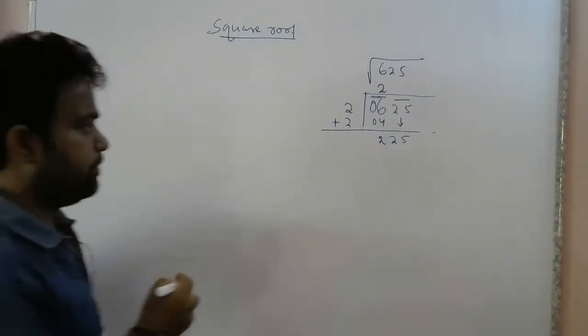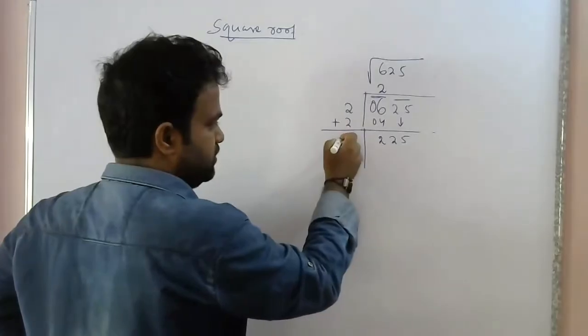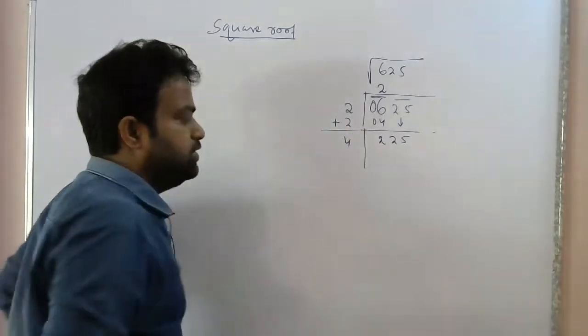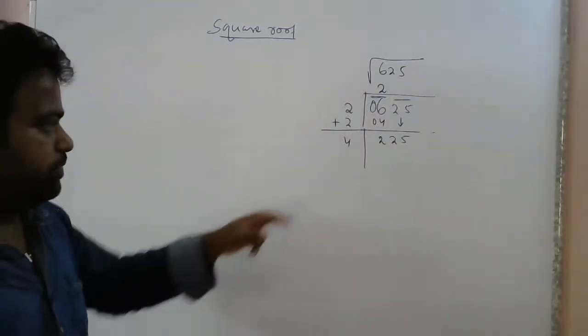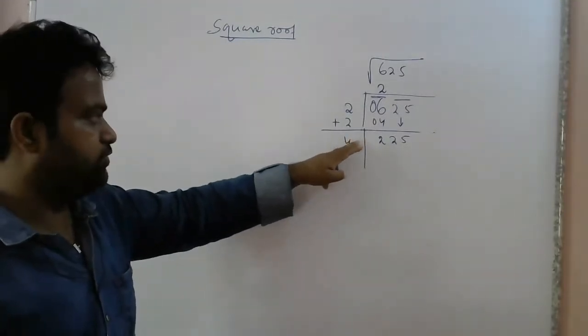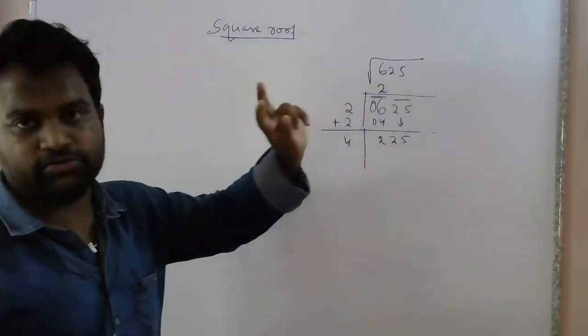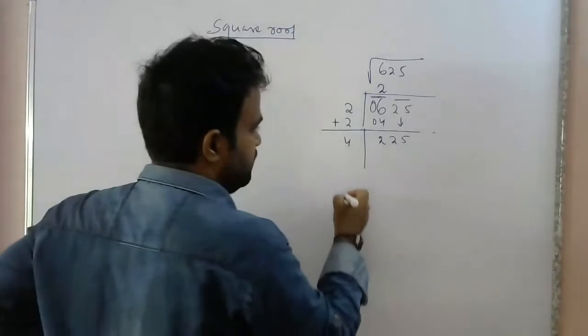Now, what will you do? I told you whatever you have written here, you will add it. So the number is 4. Now again you follow the same procedure. Whatever you write to the right side of 4, you will multiply by that, and you will write it here also. For example, let us check.